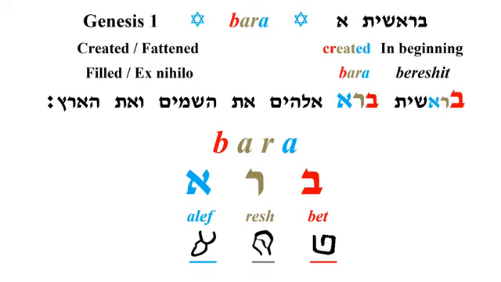In Exodus, it gives an example where it could mean fattened or filled. So we don't really know what the verb exactly means, because God's the only one who does it, and he does it so sparingly. So in the beginning, God fattened, he filled, he created, he ex nihiloed something he did at the beginning.